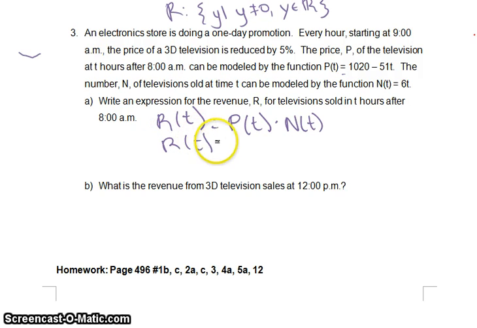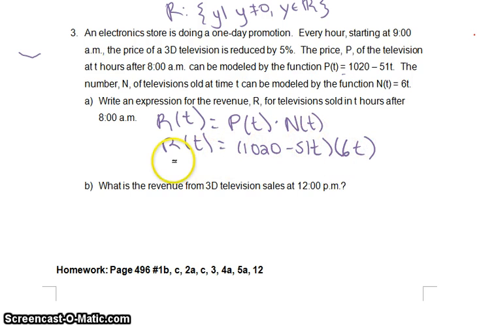in. So we have R(T) is equal to, and P(T) was equal to 1020 subtract 51T, times N(T), which was 6T.